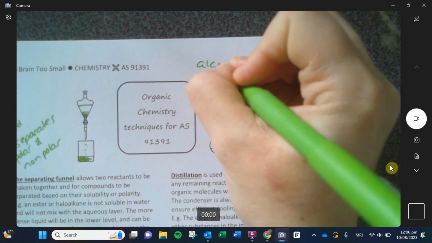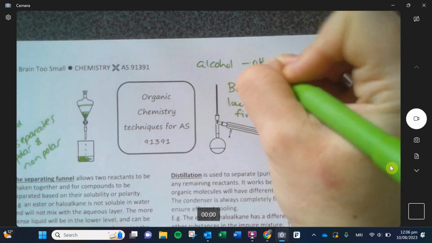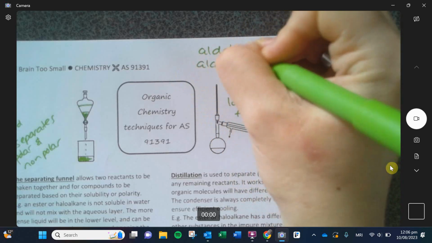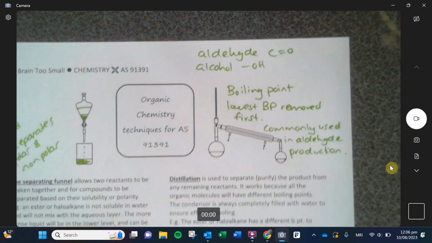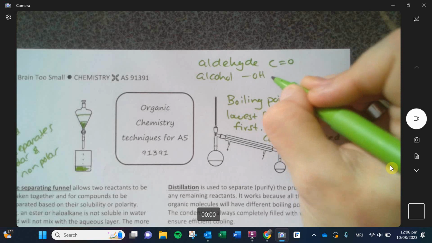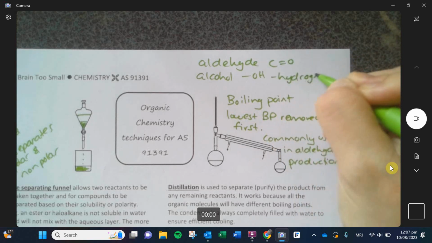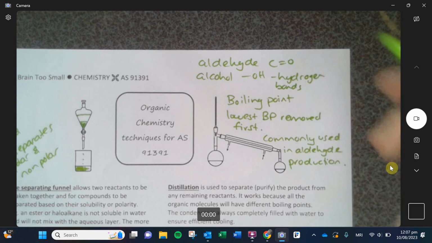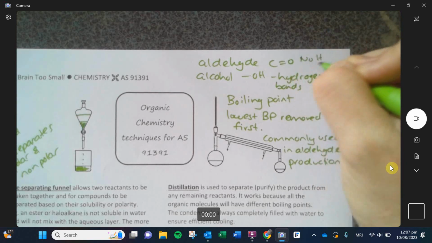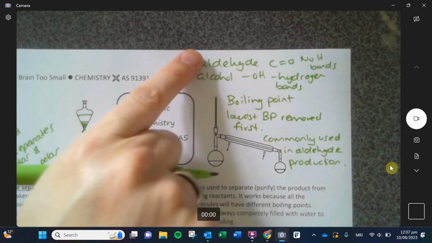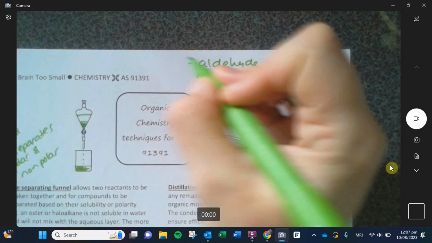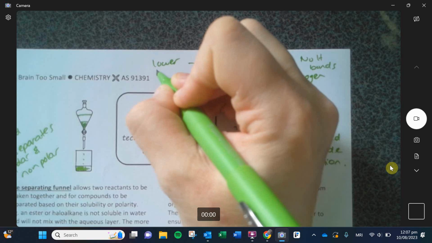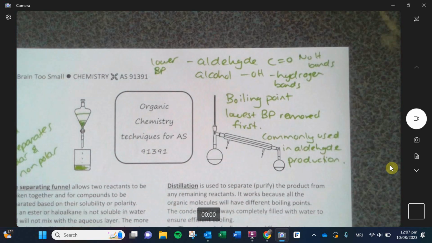An alcohol has the OH, whereas an aldehyde has a C double bond O. So this one here can form hydrogen bonds, whereas this one up here can't. So out of these two, the aldehyde would have the lower boiling point. That way it would boil off first, and I won't affect the alcohol that's still in my test tube.